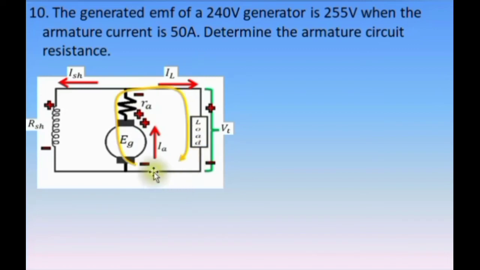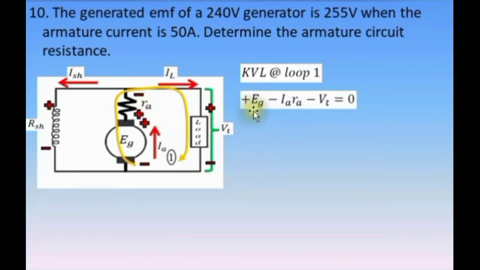Again, for this problem, we use this loop. Say that is loop number 1. Kirchhoff's voltage law at loop number 1, we have positive EG minus IA times RA minus VT equals 0. Again, we transpose negative IA RA to the other side of the equation since we are going to determine the armature circuit resistance. So we have positive EG minus VT equals positive IA RA.